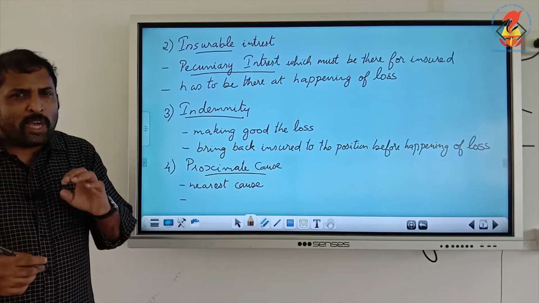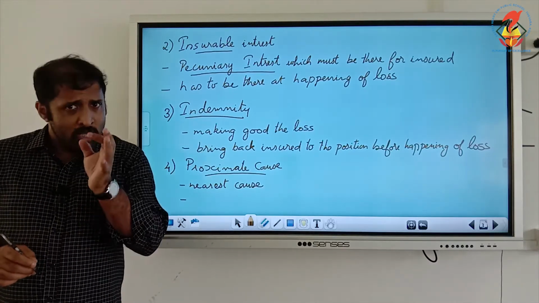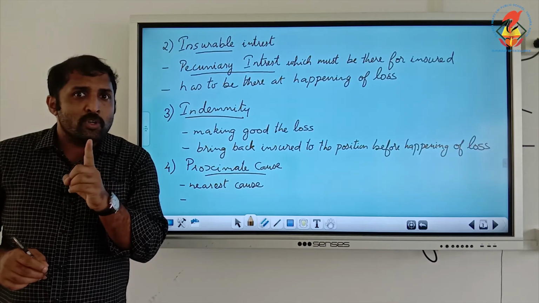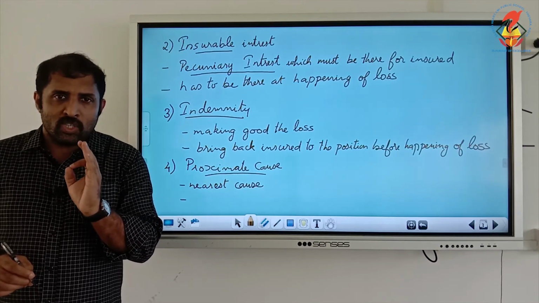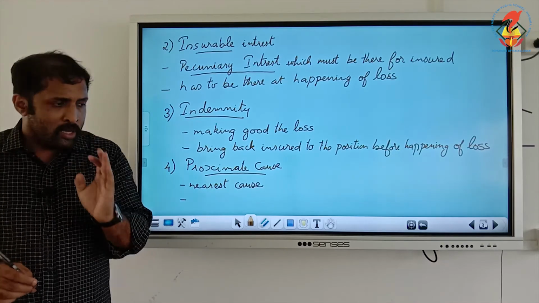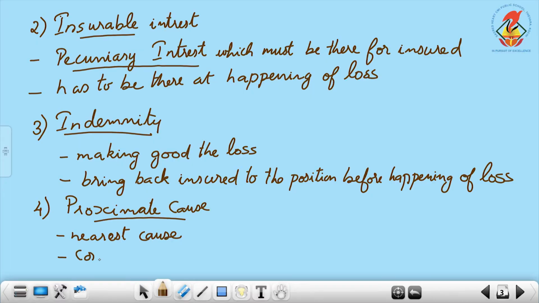That means when a loss is happening, the most dominant, the most efficient, the nearest cause is to be considered, and a cause is to be compensated only for the perils which are stated in the policy.